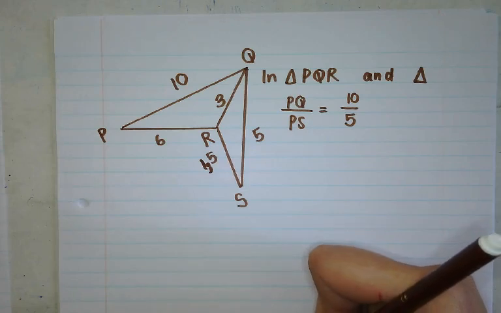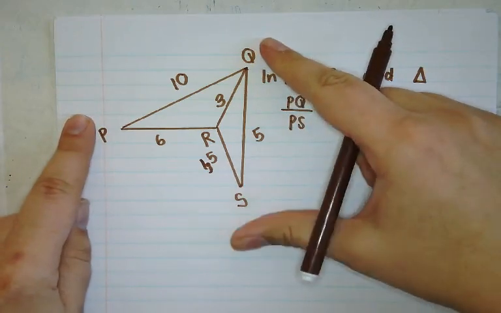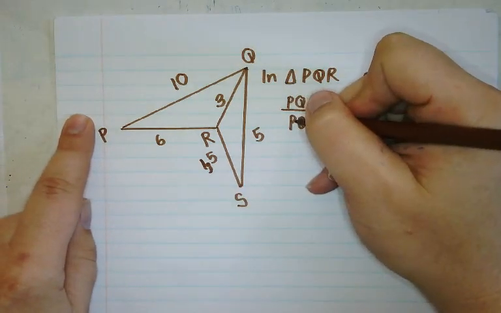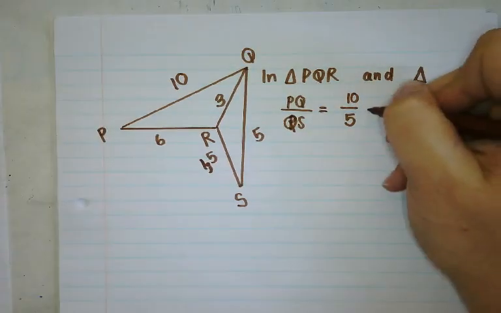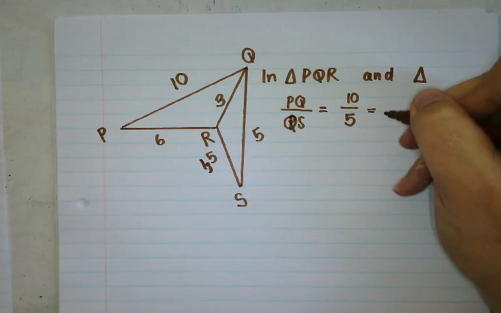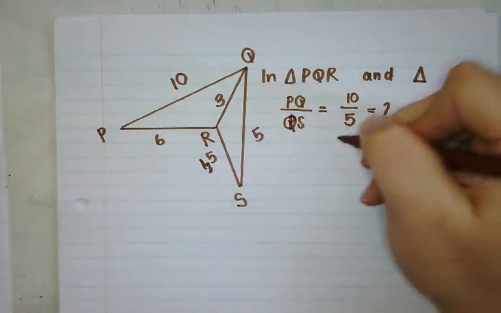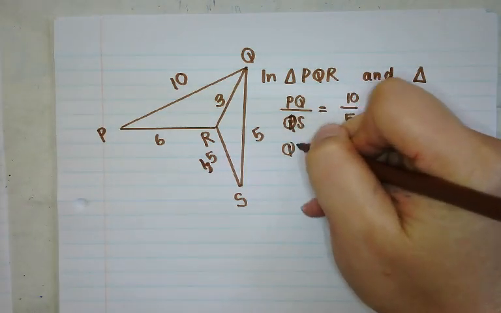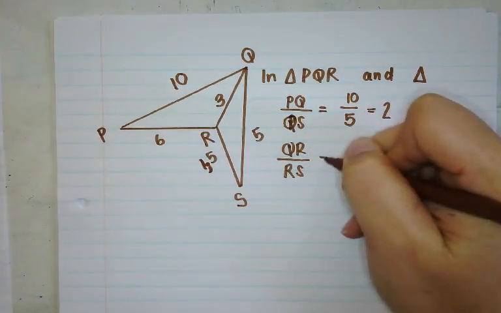No, why not PQ divided by QS? Oh yes, QS, sorry, thank you. PQ and QS. And I'm going to simplify. 10 divided by 5 gives me 2. Then I'm going to go QR, and I'm telling you that it's RS.